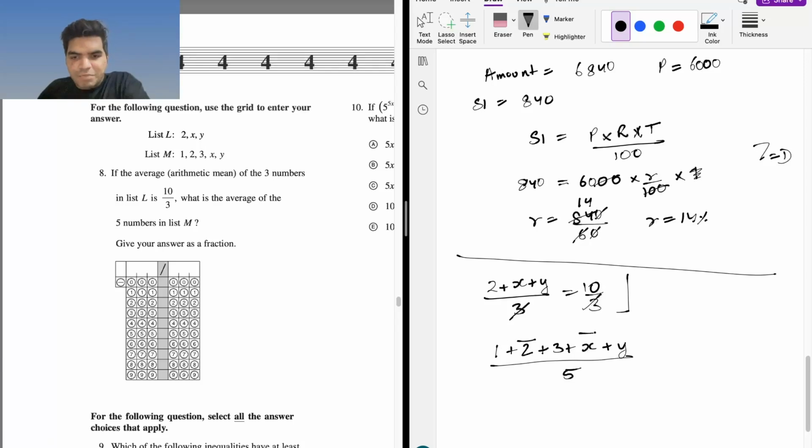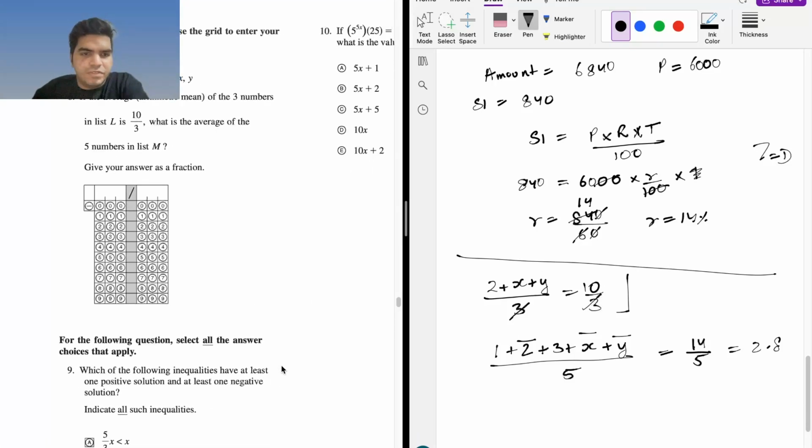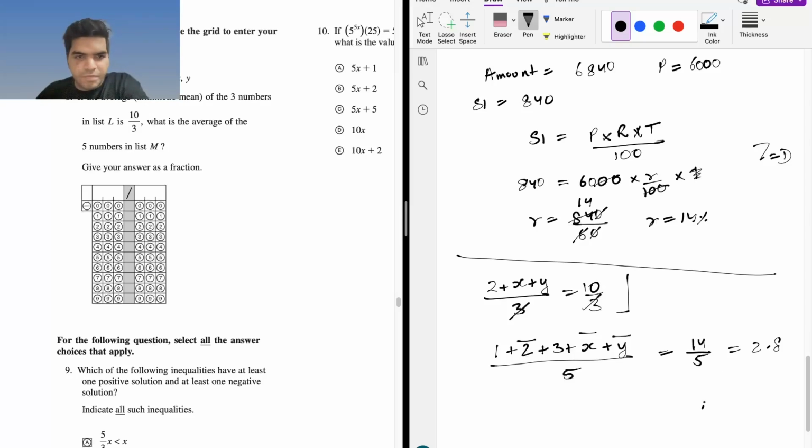Now 2 plus x plus y we already know is 10. So we can say 10 plus 1 plus 3, that is 14 by 5, that is equal to 2.8. Since a fraction is asked, it is 14 upon 5. So the answer to the eighth question is 14 by 5.